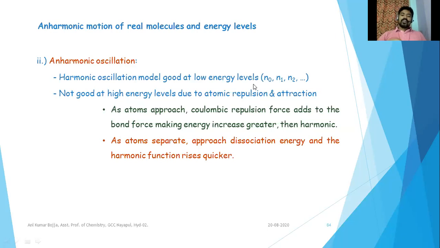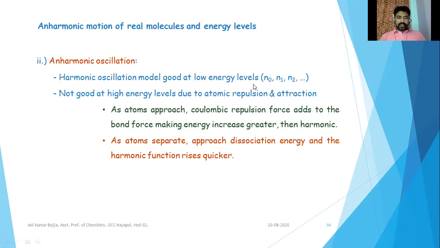So the lower vibrational levels means V0 or ground state vibrational level of ground state electronic level, even first excited vibrational level of a ground state electronic level, or second excited vibrational level of a ground state electronic level, or even sometimes third excited vibrational level of ground state electronic level also we can say, right?